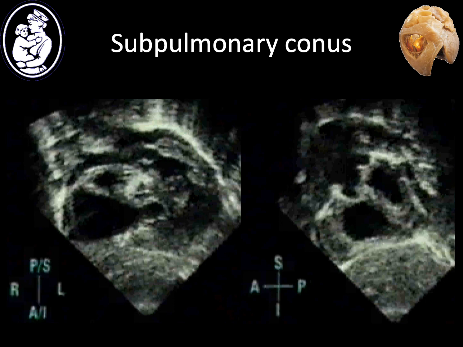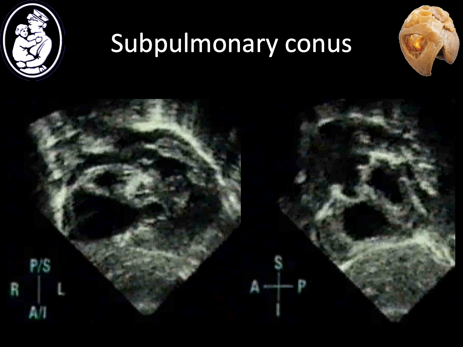The panel on the left shows a short axis view in the same patient. Again, the aorta is seen here, aligned with the right ventricle and in fibrous continuity with the tricuspid valve. On the other hand, the pulmonary artery, seen here, is aligned with the left ventricle, but separated from the mitral valve by a large subpulmonary infundibulum.